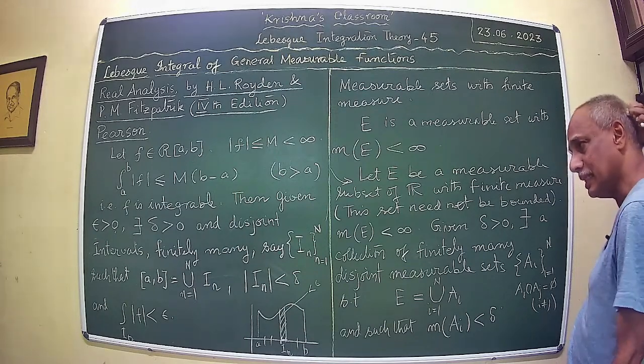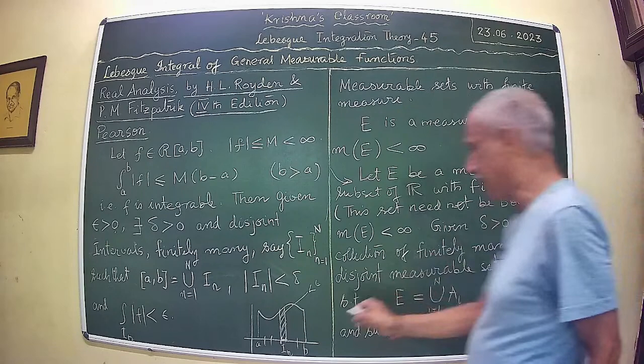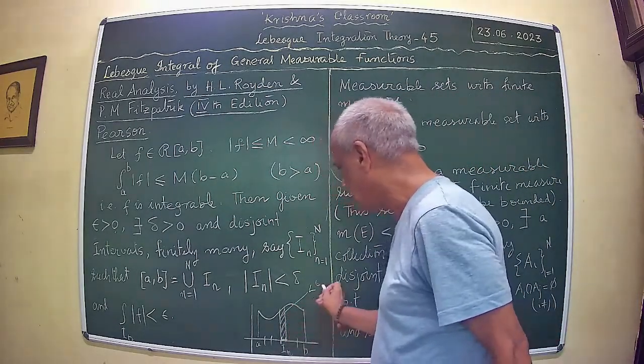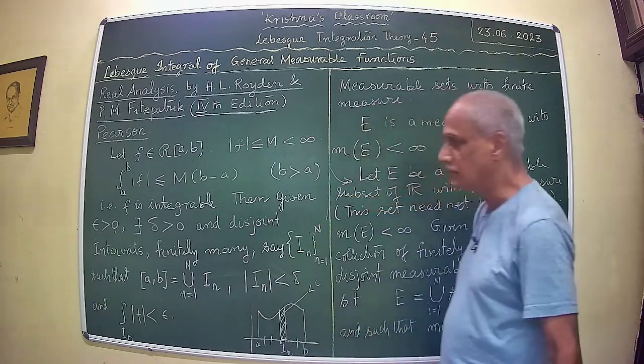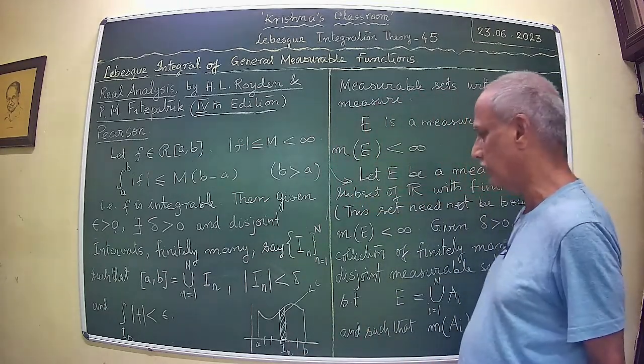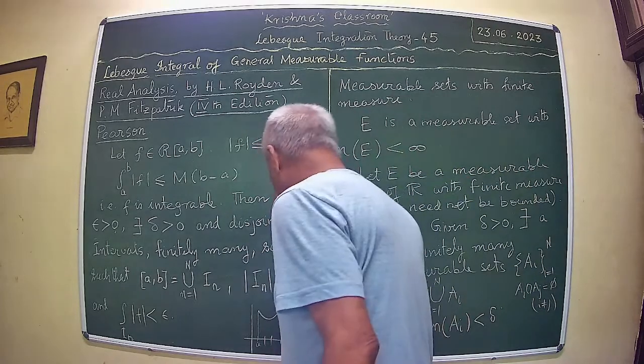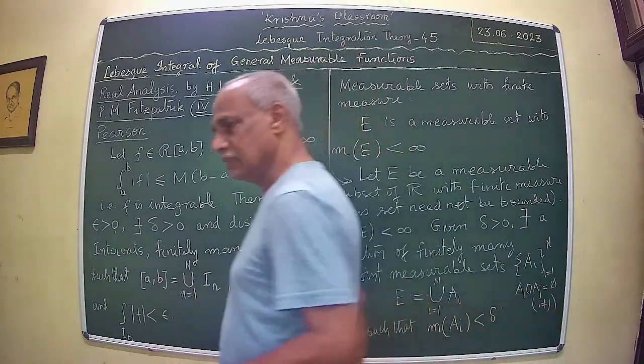You can adjust the delta such that the area of this strip is less than epsilon, and the length of the interval I_n is less than delta. So you can partition this interval [a,b] into such sub-collections.